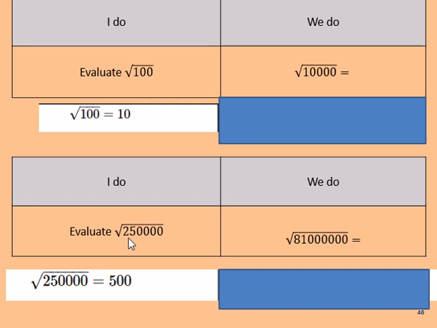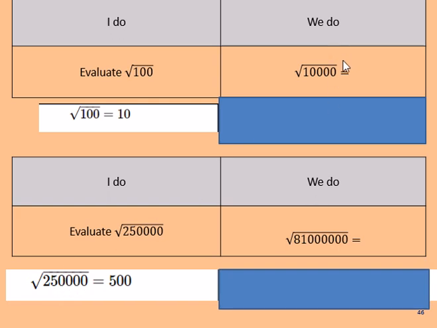So we know it starts with a 5 because it starts with 25 and the square root of 25 is 5. And then it's going to have half the amount of zeros, 2 zeros. So my answer is 5 with 2 zeros, or 500. 500 squared makes 250,000. Try both the we do's now.